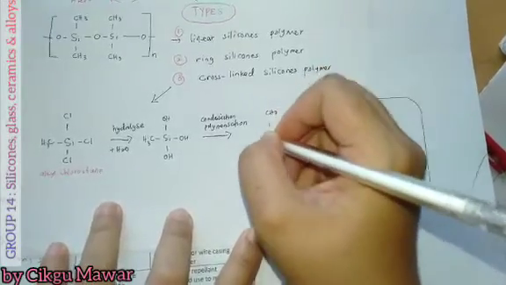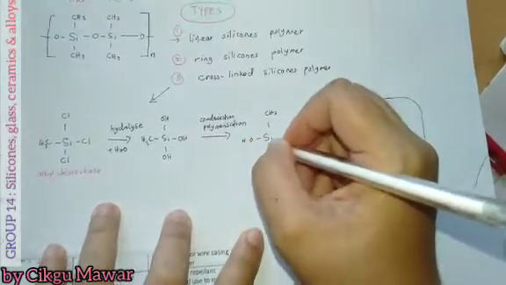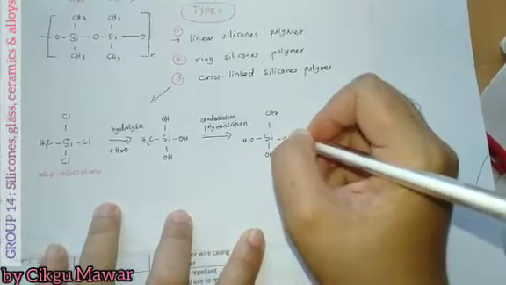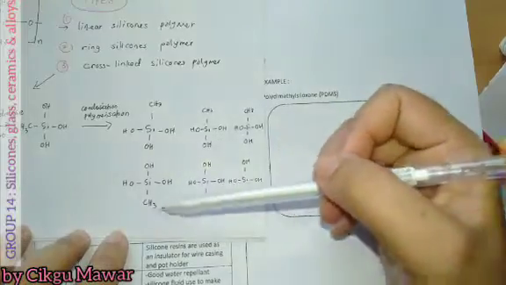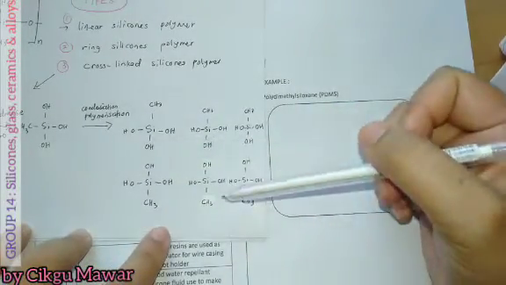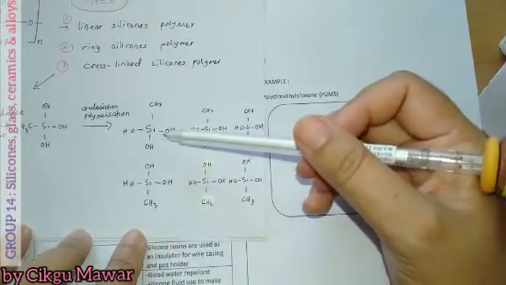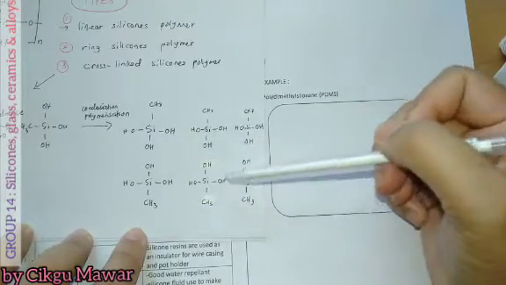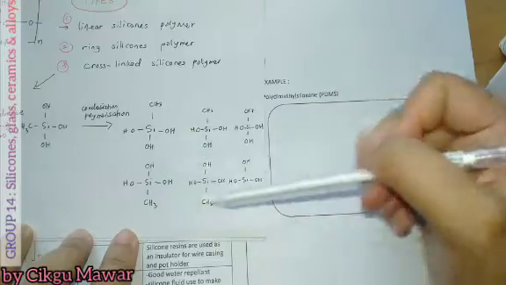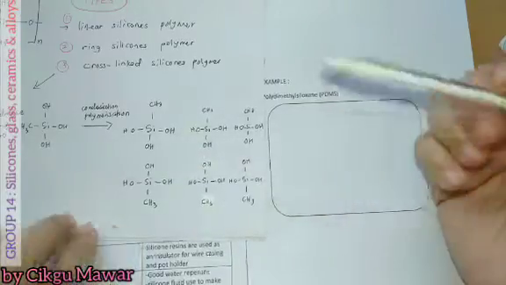Now we have CH3, then OH, 3 OH each. So let's say that I want to use the condensation polymerization by using 6 monomers of silicones. 1, 2, 3, 4, 5, and 6. They have 6 hydroxyl compounds.